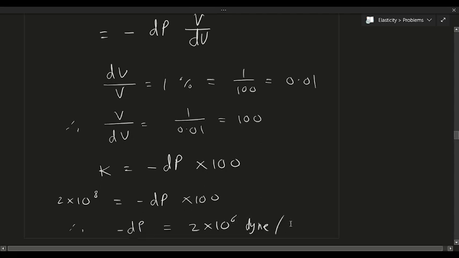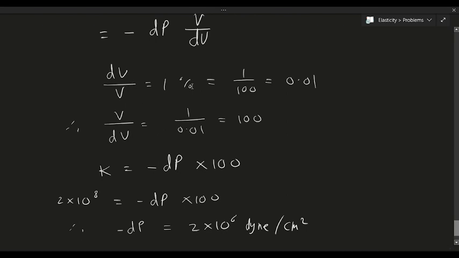dyne per centimeter square. We see the negative sign is still there, but already we are given that the change in volume is 1%. So the volume is decreased by 1%. It is given to us already. But dV in our formula does not represent decrease in volume, but actually it is the increase in volume. So here we should write a negative sign, because by dV by V we mean increase in the volume, and actually the volume has decreased.